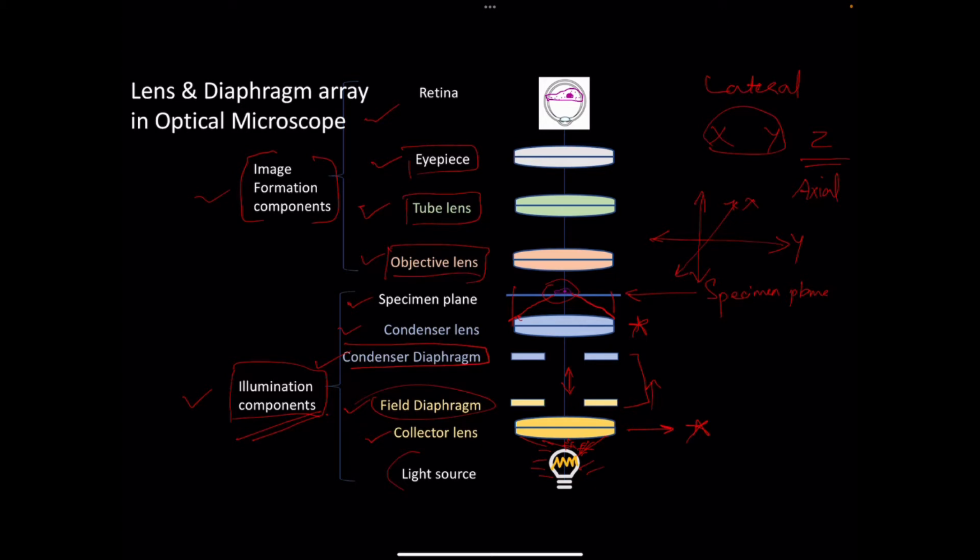Hence, by aligning, we are trying to move all of these components in different combinations of X, Y and Z so as to get an optimal harmony of alignment between the illumination components of the microscope and the image formation components of the microscope, and both of these with respect to the specimen plane.